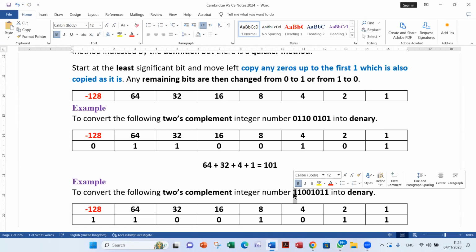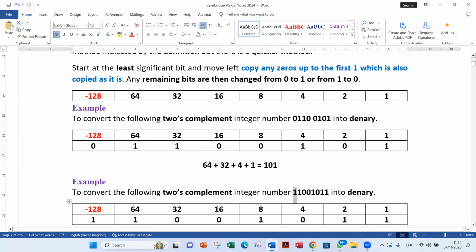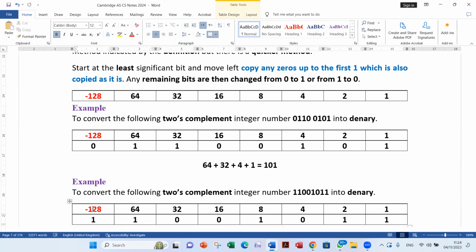It's straightforward. You add 64 plus 8 plus 2, and then you add to it negative 128, or you do the opposite: 128 minus those, and make sure that the result will be negative.